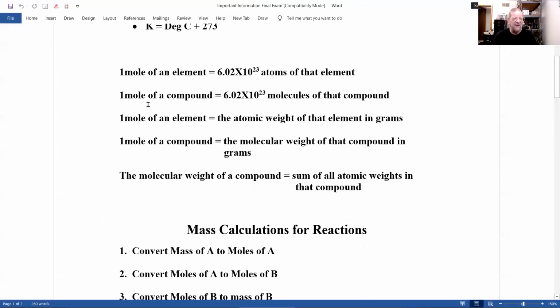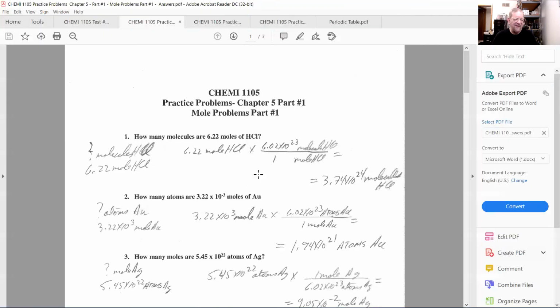If you look at it, 1 mole of a compound equals Avogadro's number, 6.02 times 10 to the 23rd molecules of that compound. And 1 mole HCl equals Avogadro's number.